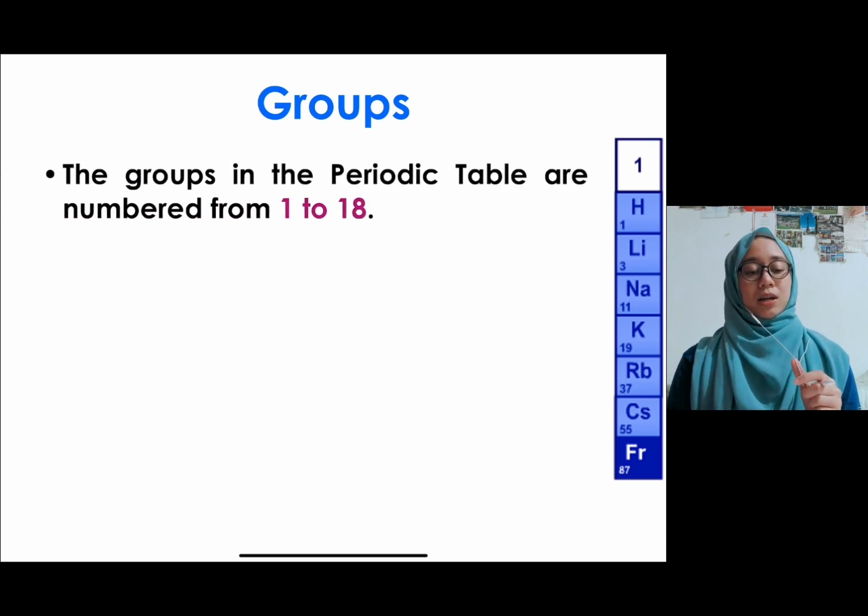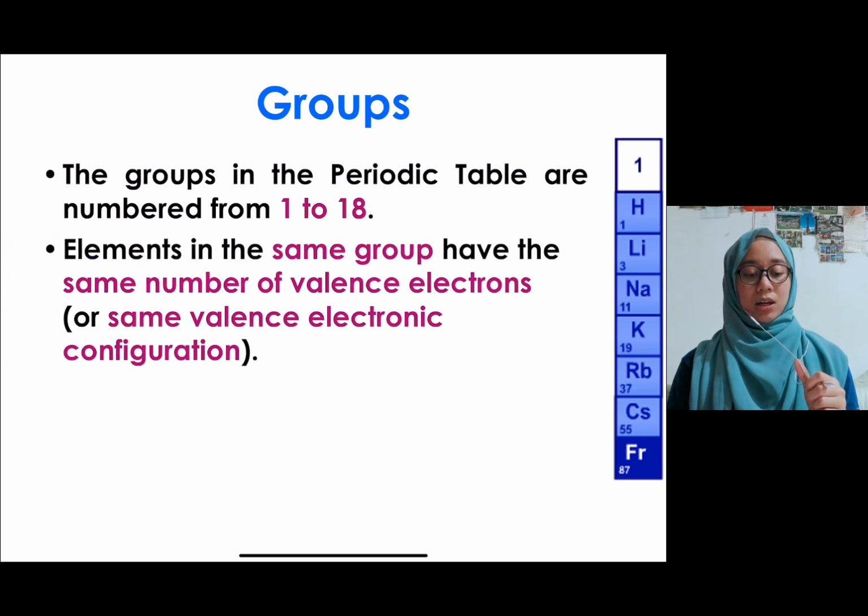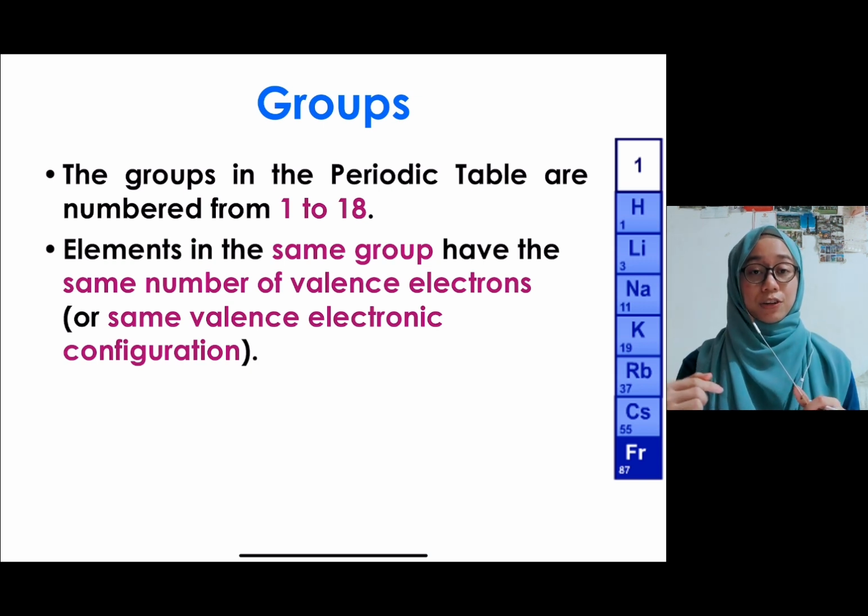So groups. The groups in the periodic table are numbered from 1 to 18. Elements in the same group have the same number of valence electrons, or the same valence electronic configuration. So you have heard of electronic configuration, but this is something new, valence electronic configuration.